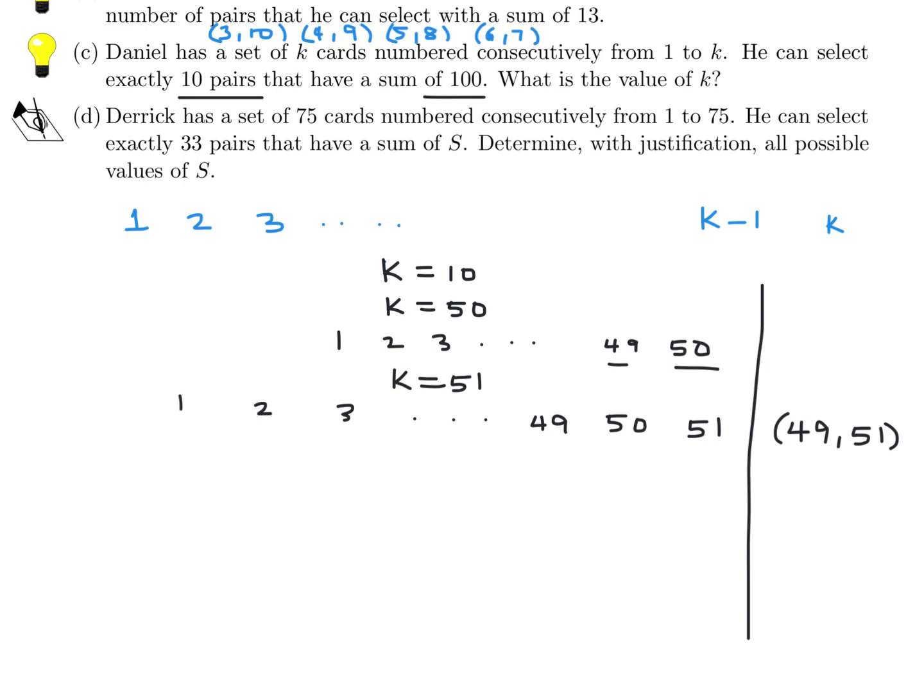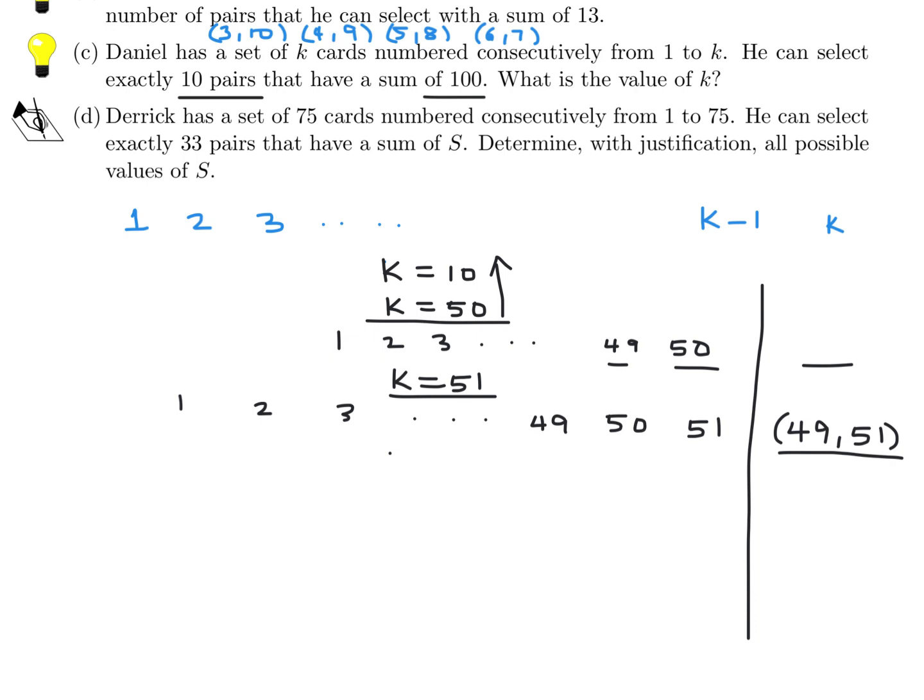So although this works, it doesn't qualify for our condition, which is 10 pairs. At least I'm on the right track, showing that you can produce at least one pair when k equals 51. But for k equals 50 and less, you won't be able to produce even one pair.